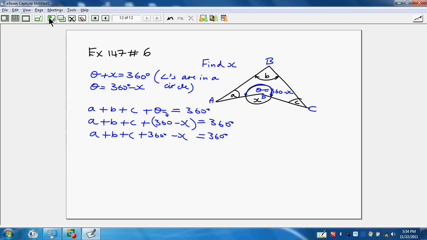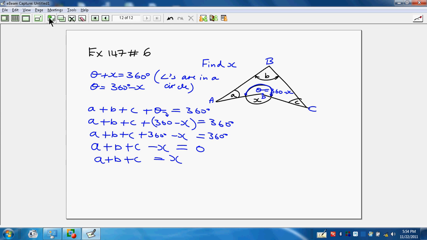Now if we minus 360 on both sides, what happens? You get A plus B plus C minus x is equal to 0. Minus 360 on the right hand side, you get 0. And therefore, A plus B plus C will be equal to x.